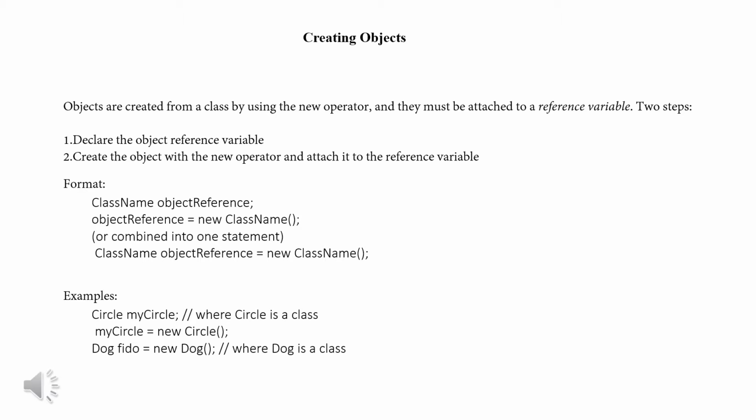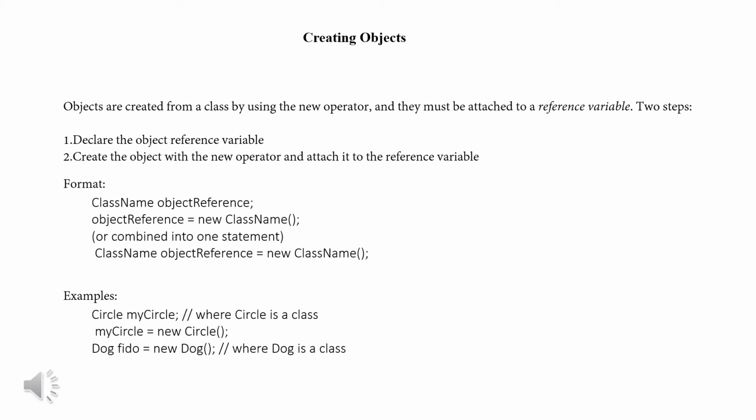Objects are actually samples of classes. So we create the objects from classes. How? With the operator new. So the operator that we use in Java to create an object from a class is new.